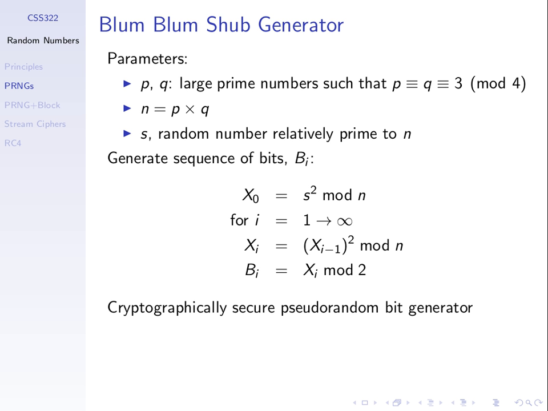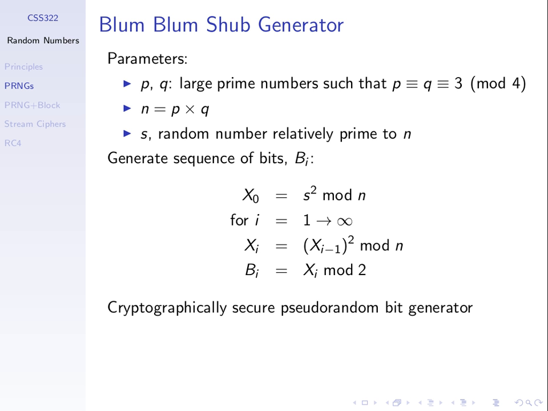They can't be divided by anything else except for 1. So we choose some value s that meets that criteria, and then we generate a sequence of bits, bi. In the first initial step, we calculate x0 as s squared mod n. So take our value of s, square it, mod n, our large number, and then go in a loop.